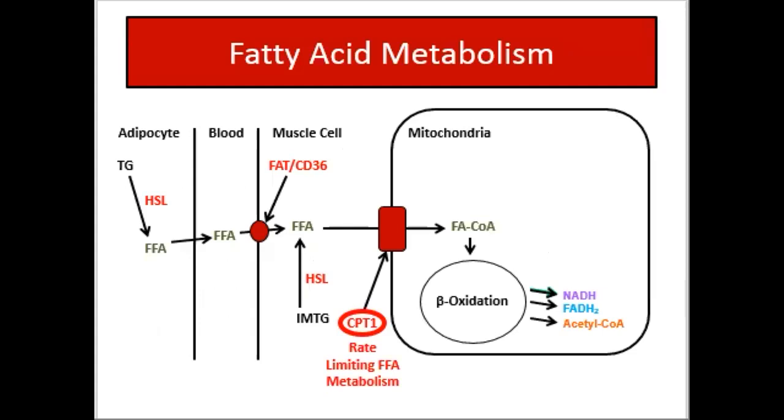So again, the more free fatty acids we can get into our mitochondria through CPT1, the faster this beta oxidation process is going to be able to occur. So this is why CPT1 is considered the rate-limiting enzyme of fatty acid metabolism, because it dictates how much free fatty acids are transported into our mitochondria where they're metabolized.